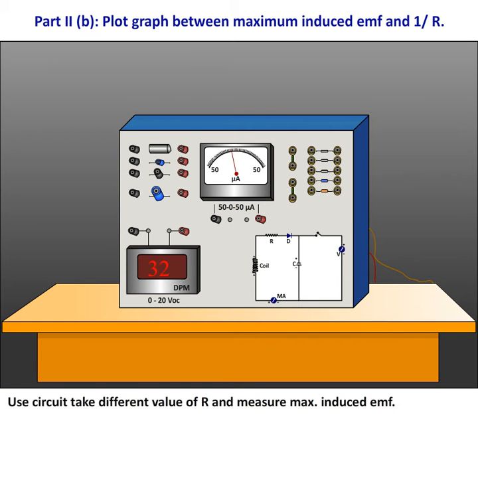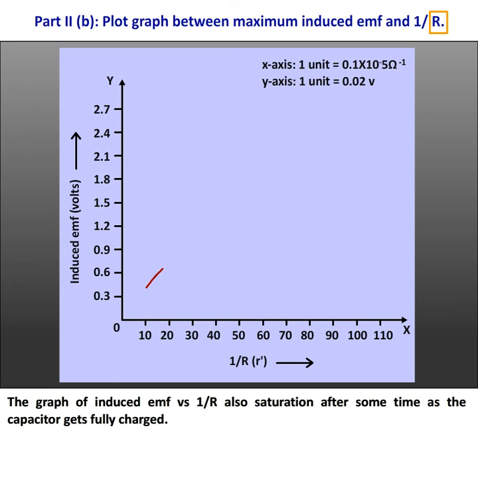In this part, we will find the relation between induced EMF and 1 by R, where R is the resistance used in the circuit. We use the same circuit as mentioned in the last part and take different values of R. The procedure for this part is to measure the induced EMF from the voltmeter for different values of R. About 5 to 8 readings are recorded.